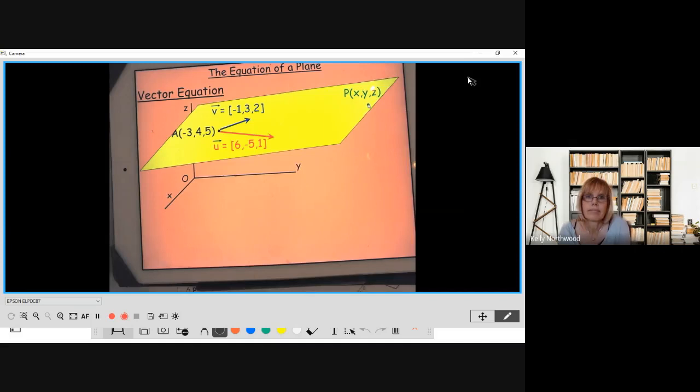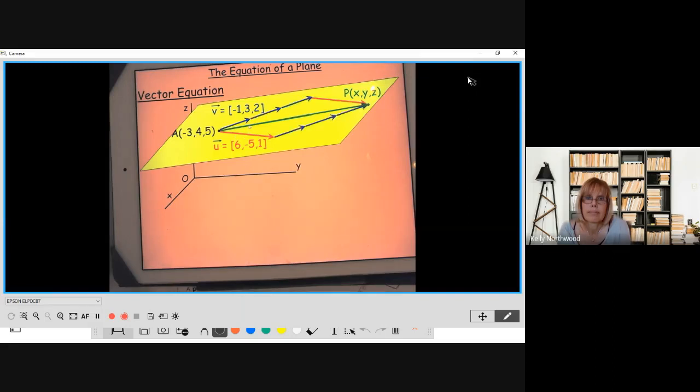Now, this arbitrary point is in the plane if the vector that goes from -3, 4, 5, where the tail of this vector is, to that vector x, y, z, if that vector is also parallel to the plane. Now, we would know that that vector AP is parallel to the plane if we can write that green AP vector as some linear combination of the vectors u and v.